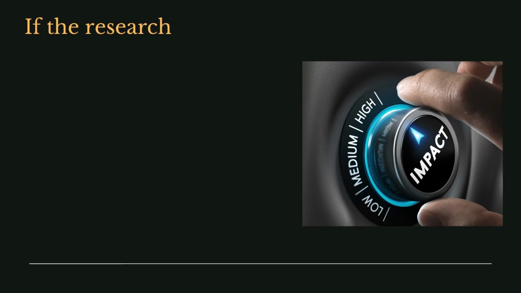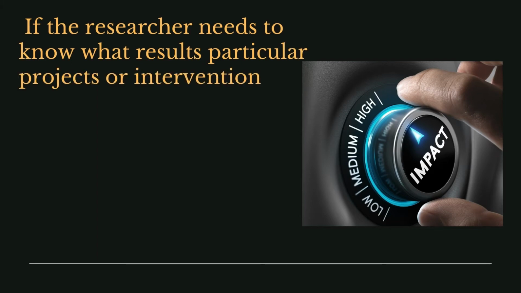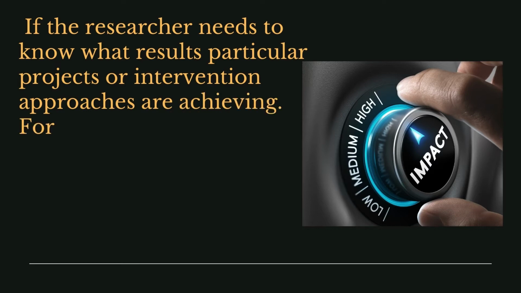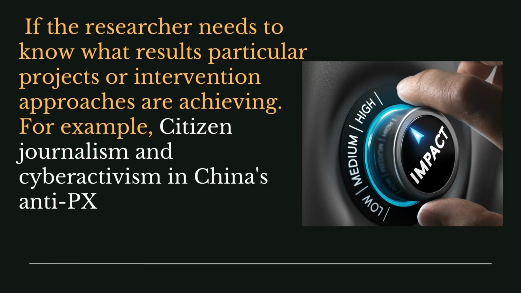If the researcher needs to know what results particular projects or intervention approaches are achieving, in other words, what is the impact of these interventions? For example, citizen journalism and cyber activism in China's anti-PX plant in Xiamen, 2007 to 2009.